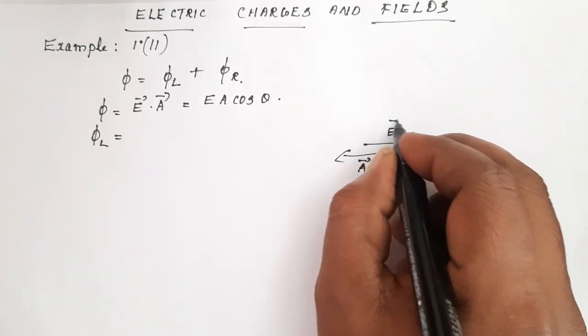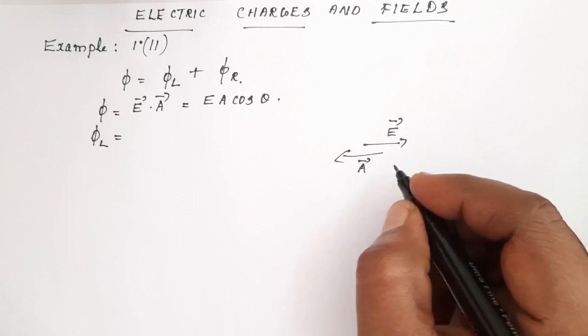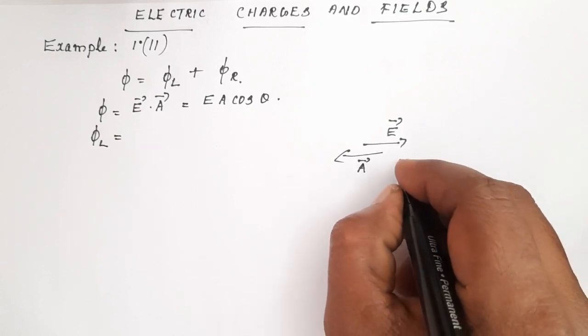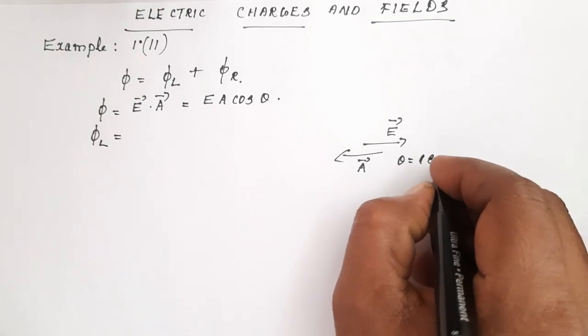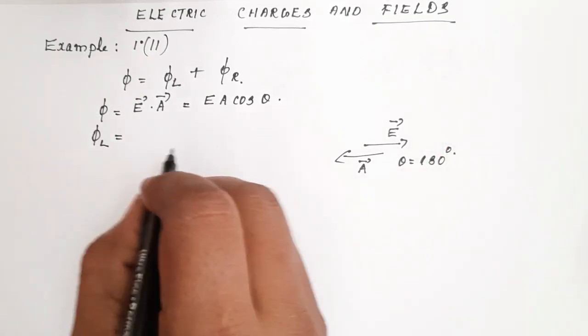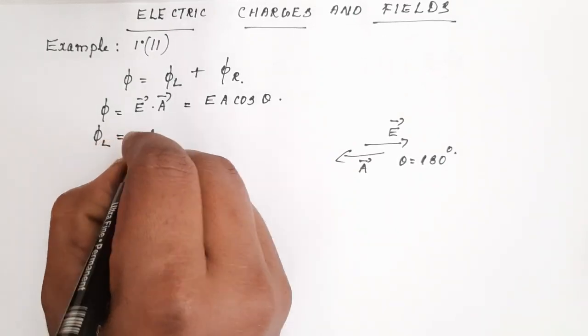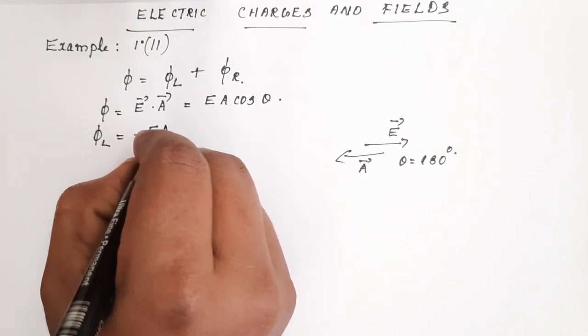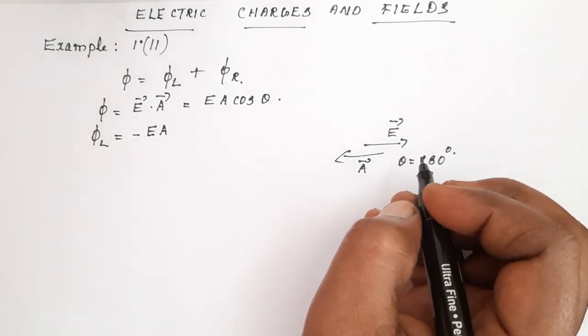So theta becomes 180 degrees, and cos 180 is minus 1. So phi L is equal to minus EA.